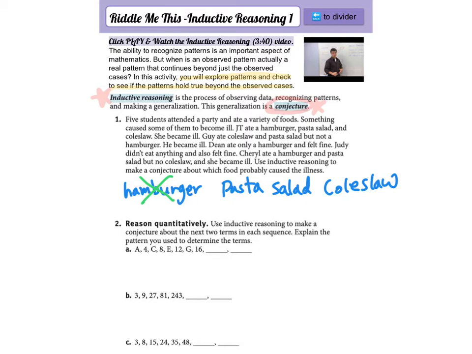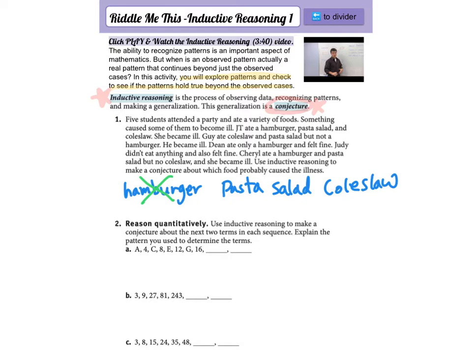Dean ate only a hamburger and felt fine. Judy didn't eat anything and also felt fine. Cheryl ate a hamburger and pasta salad, but no coleslaw, and she became ill. So, the final clue: Cheryl became ill, but hamburger was already out of the choices.